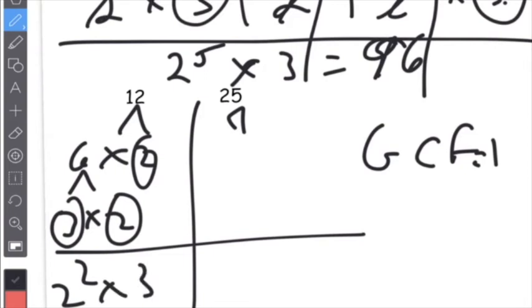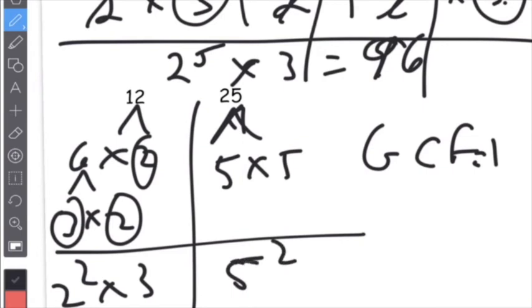For 25, it's 5 times 5, which is 5 squared. So technically, you need to use all of these numbers. So it's 2 squared, which is 4, times 3. 4 times 3 is 12, times 25. So it's 12 times 25. And if you need to write it out, write it out. The answer is 300 for the LCM.